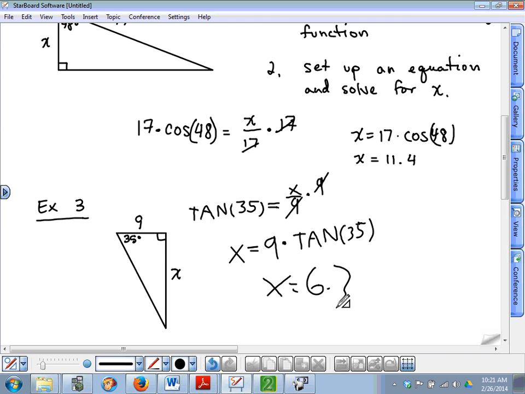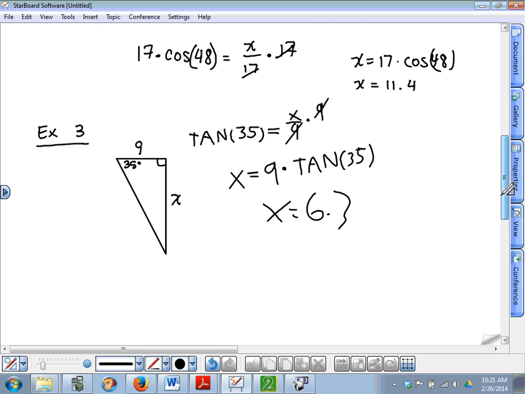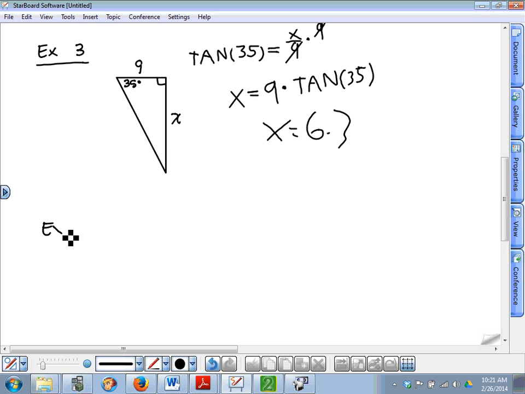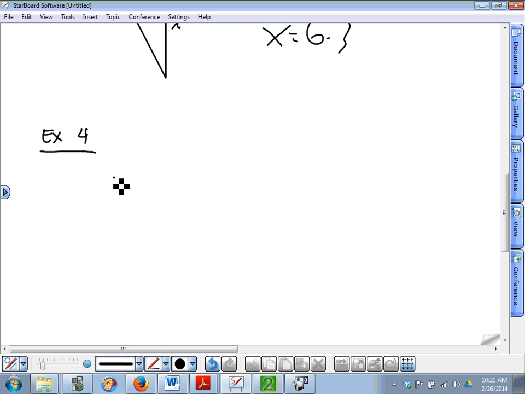Let's do one more quick one where x is on the bottom. For some reason, when x is on the bottom of these, it just messes with your mind. It's not that much different. Okay, here we go. There's a triangle. We know that this angle here is, let's say, 62 degrees.